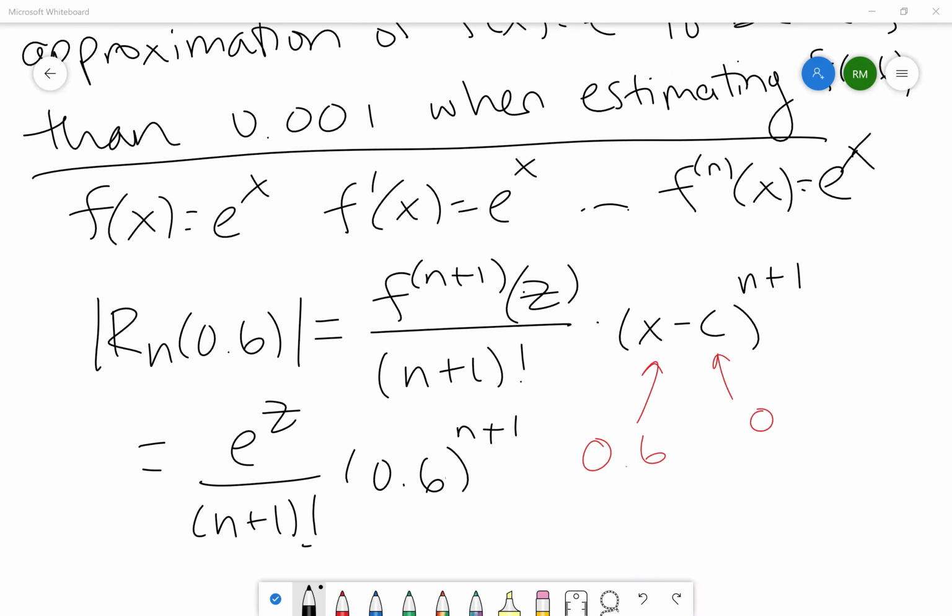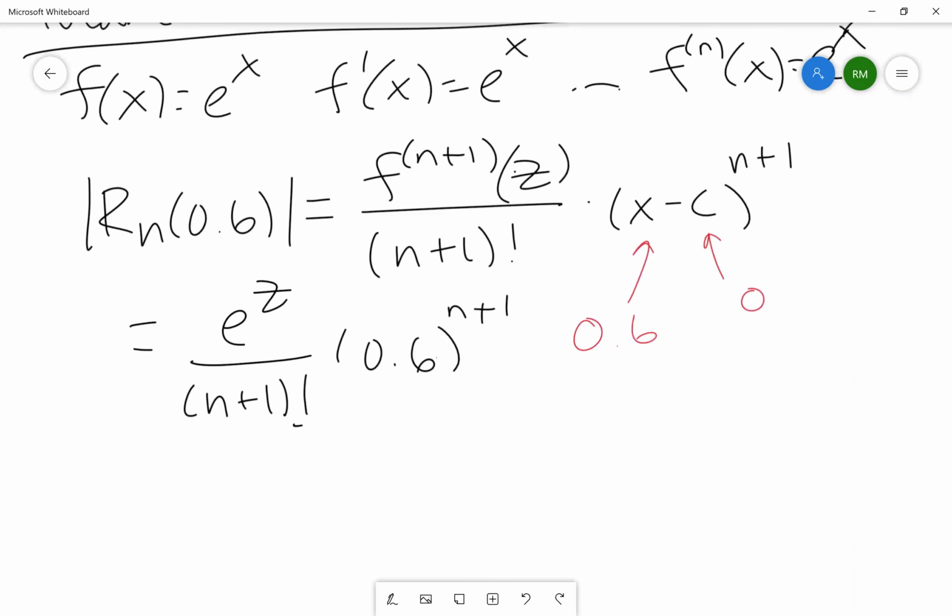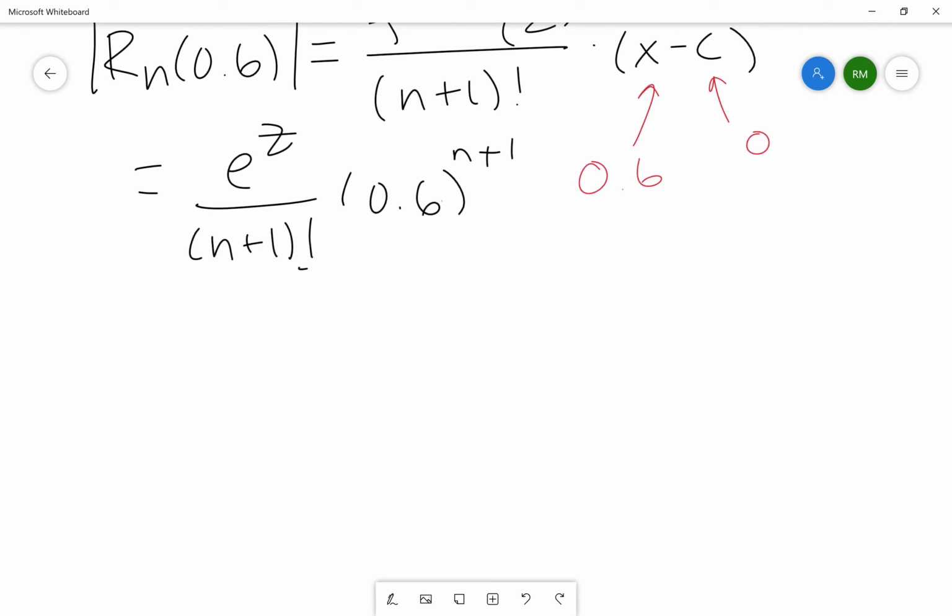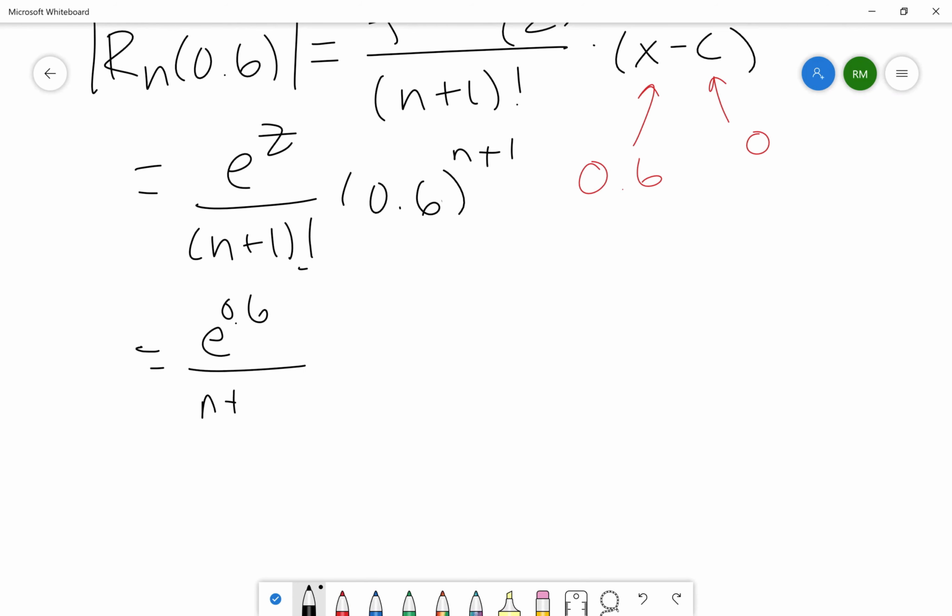Okay, so we're going to create a table of values to figure out what n we need. So we know that on this left-hand side, this expression is what we need to get to be less than 0.001.